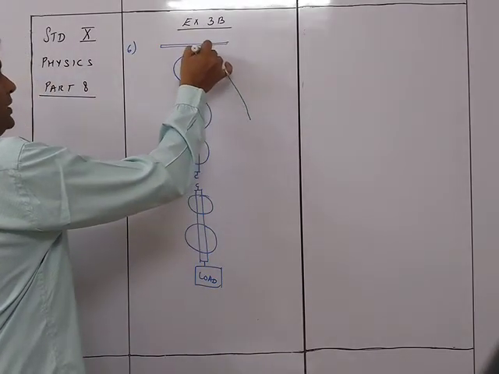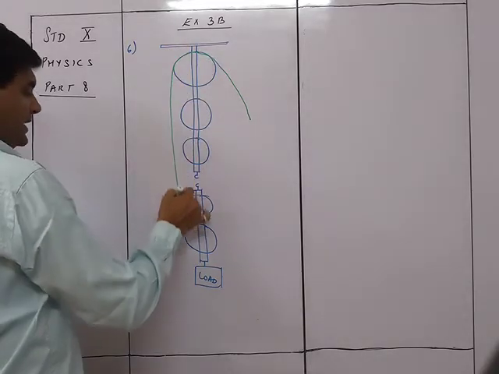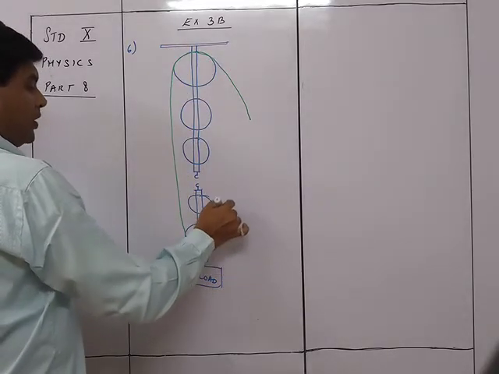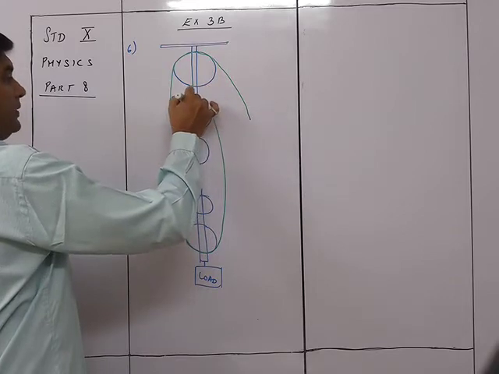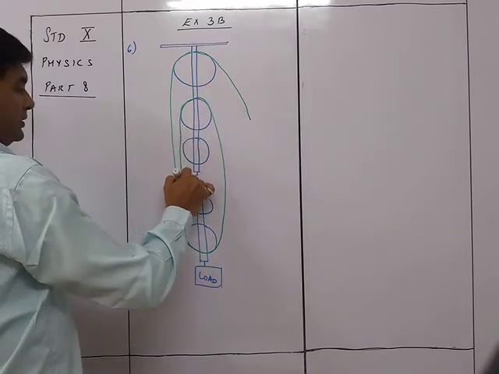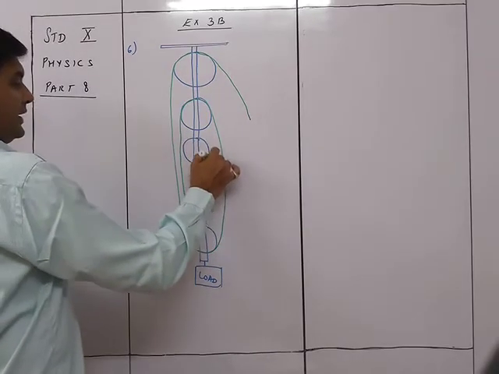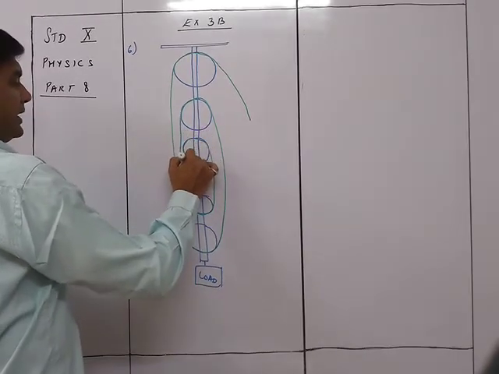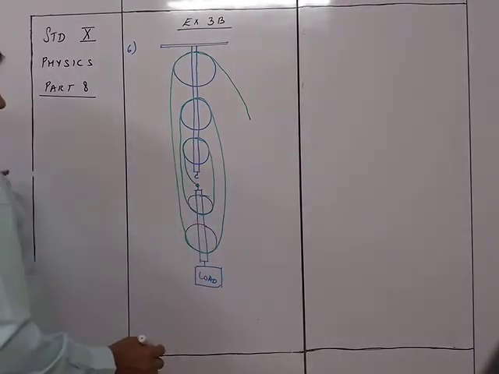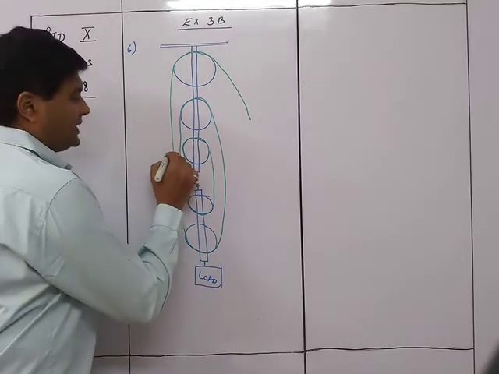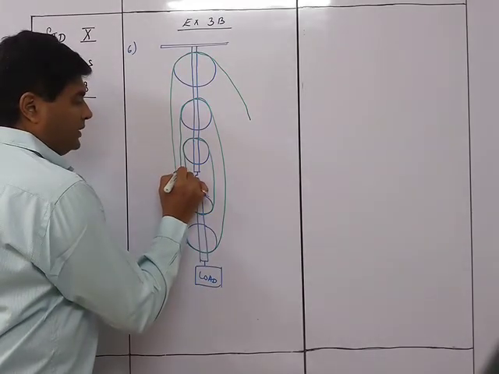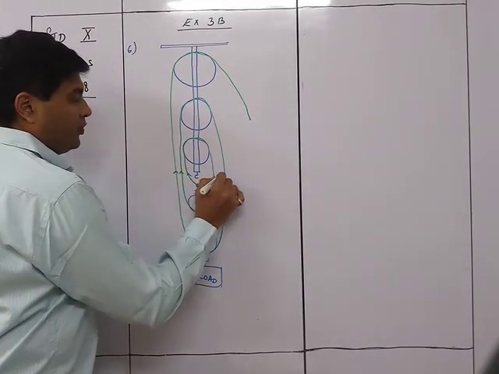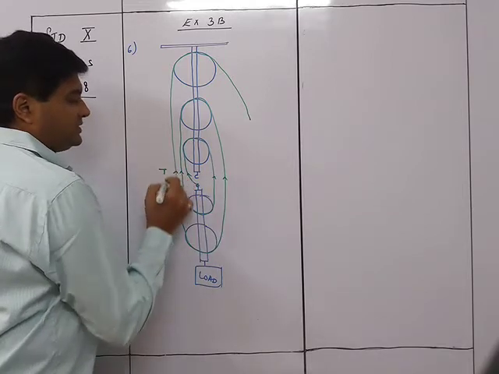It goes from here, goes down to the last one of the movable, then it comes up to the one in the non-movable, then again movable, then again in the fixed one, and then it comes and connects to the movable part. So you see that you will be having 1, 2, 3, 4, 5 T's over here.